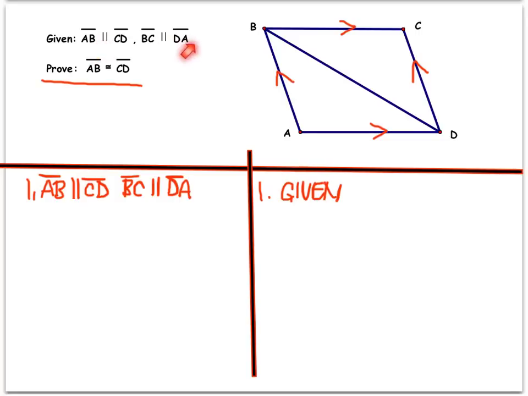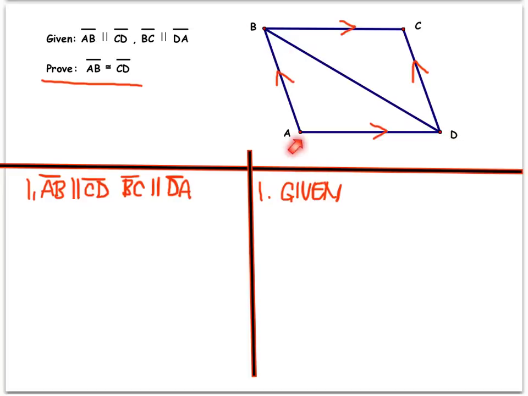And whenever I see parallel lines, I automatically go to alternating interior angles, alternating exterior angles, corresponding angles, all those theorems we learned in the last chapter of the book. So I have my two parallel lines here, and I have a transversal which is represented by BD.